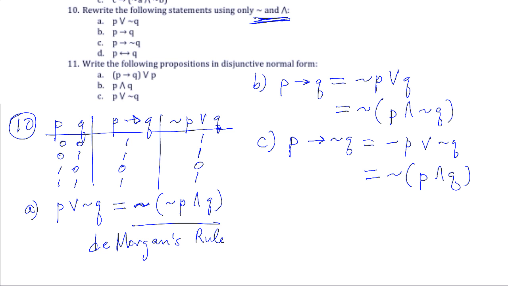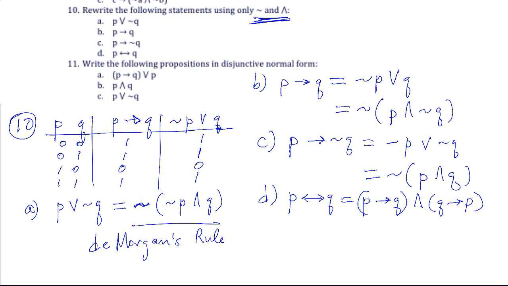Finally, part D is the most involved because it's an if and only if statement. P if and only if Q is equivalent to if P then Q and if Q then P. So now I'm going to turn each of these into an or statement and then apply De Morgan's to both of them.